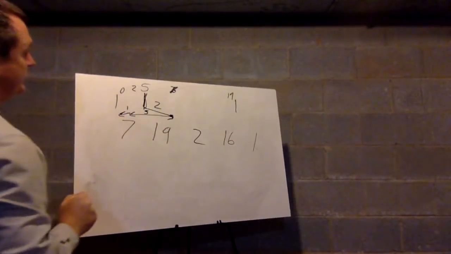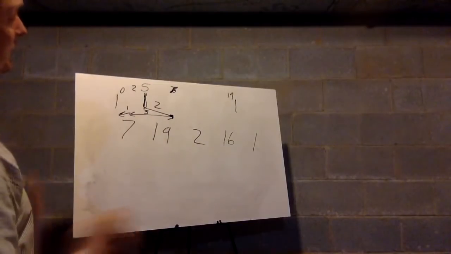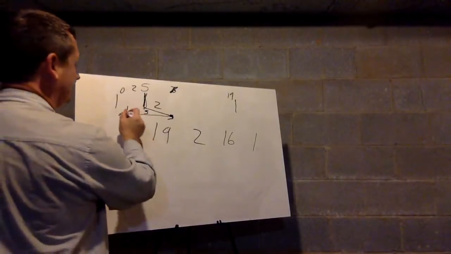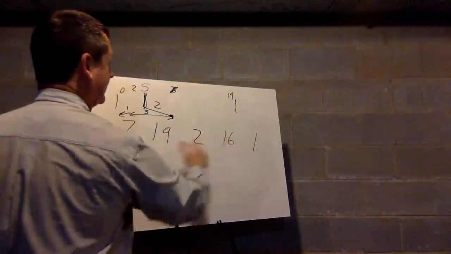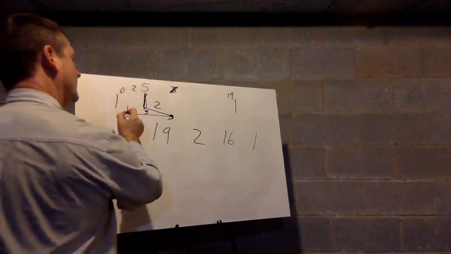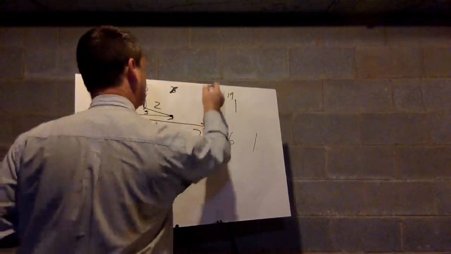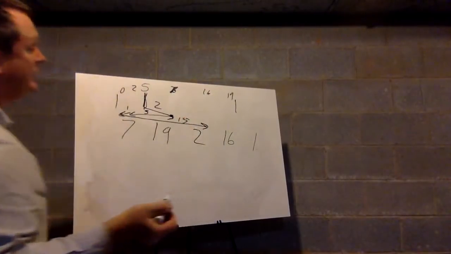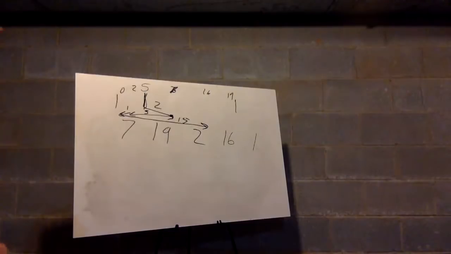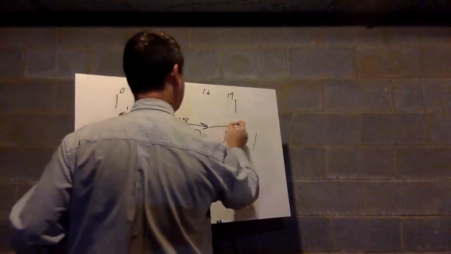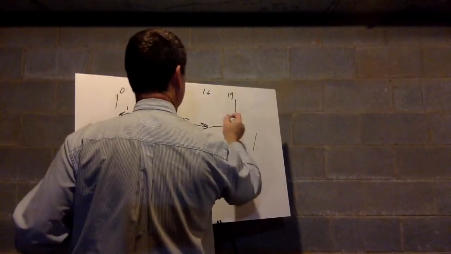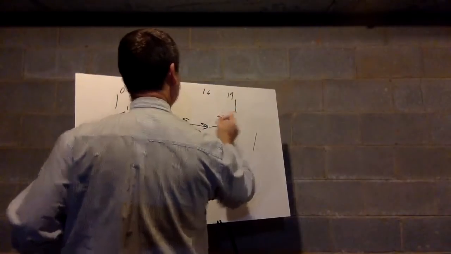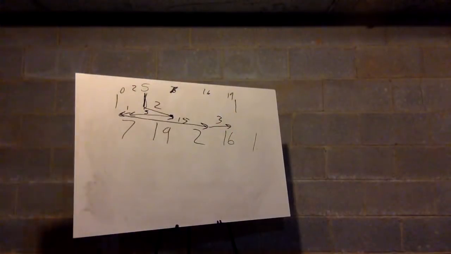I didn't give myself enough space here, but we're almost done with this. Looking at these, you've got 16 and 19 left. So you go up and get 16, and you seek 15 cylinders there. And then you're going to go on up for another 3 cylinders worth of seeking.